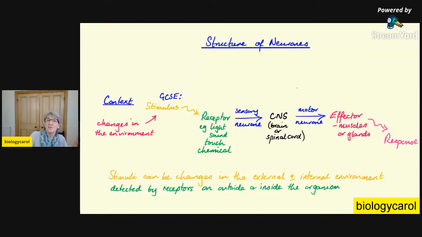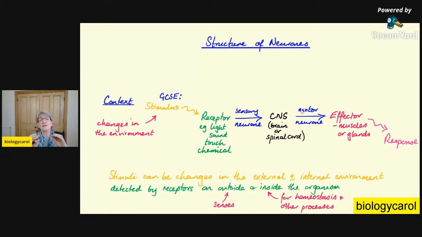But we've also got receptors inside our bodies that detect those changes inside. And the outside, we're talking about the senses, and the inside, often that is about homeostatic mechanisms.